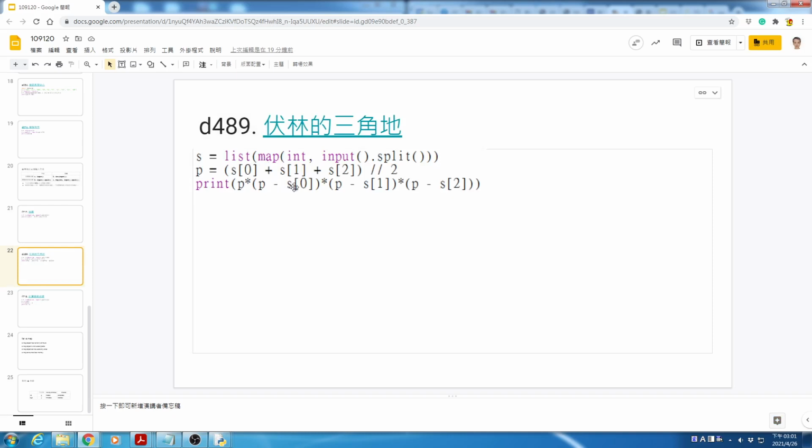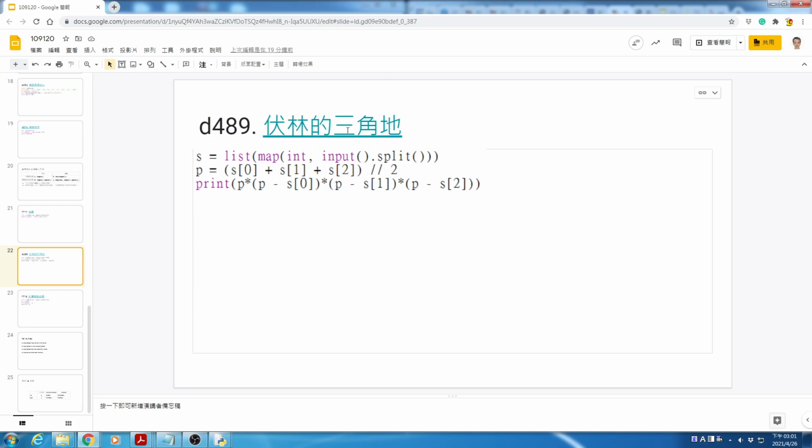This is the answer that I gave you before. Do you remember that? But again, we have this S0, S1, S2, all those annoying subscripts.